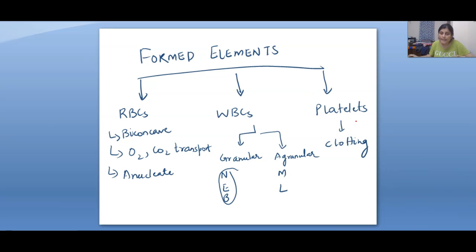Now coming up to the platelets. Platelets are the major clotting factors. So RBCs and platelets are the cellular debris. How these are formed, we will describe in the next slides.